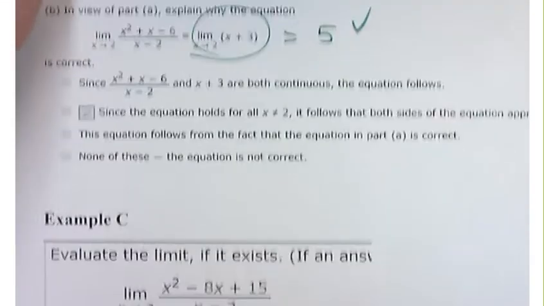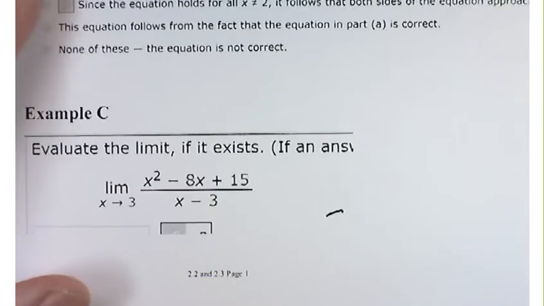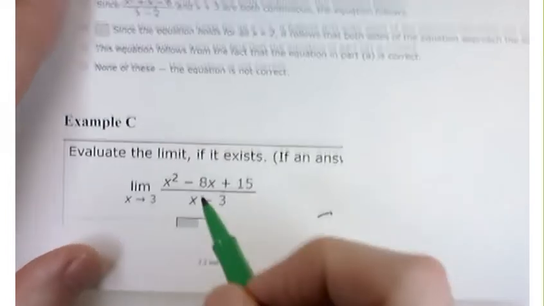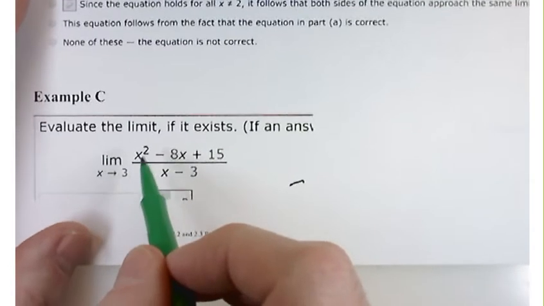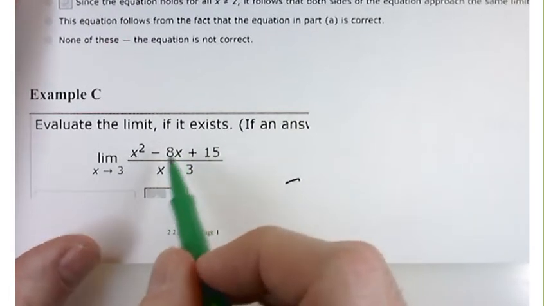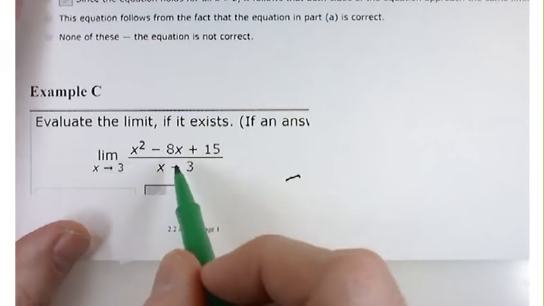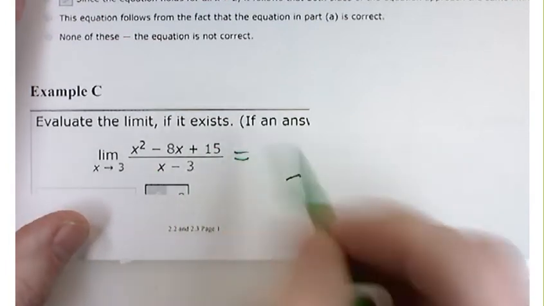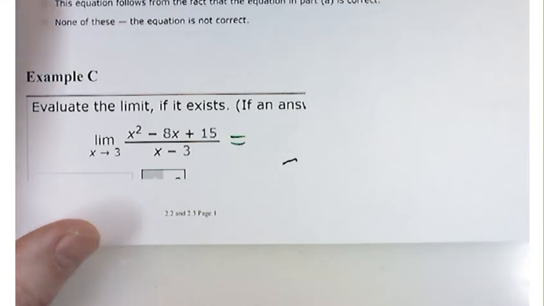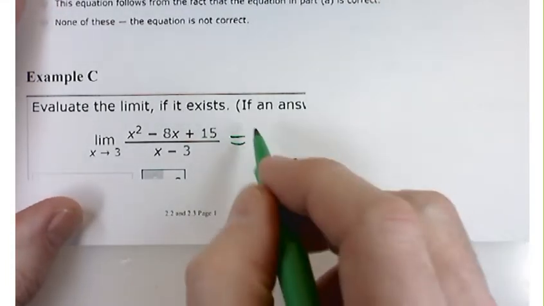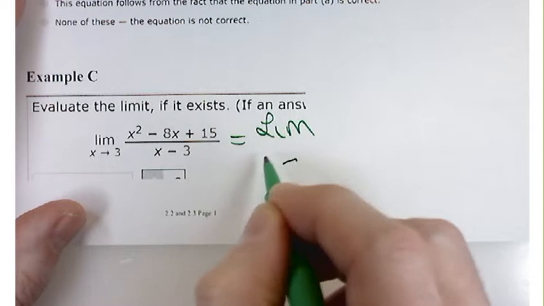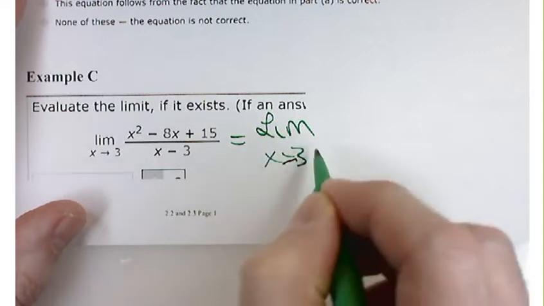So, all right. Well, let's try another one. See if we can't get this one to work. We'll take a look at the limit as x approaches 3 of x squared minus 8x minus 15. Now maybe you were paying good attention in the last one and learned a lesson that'll help us in this one.